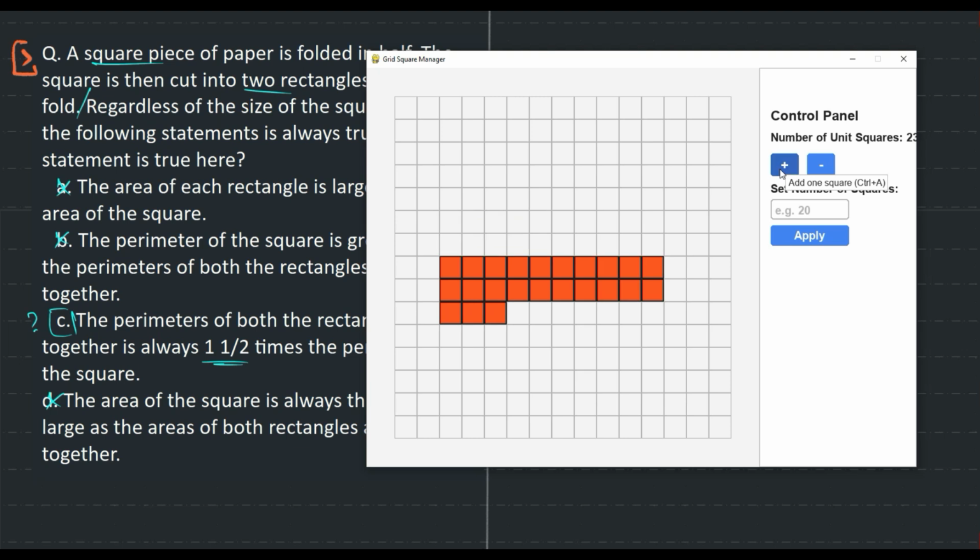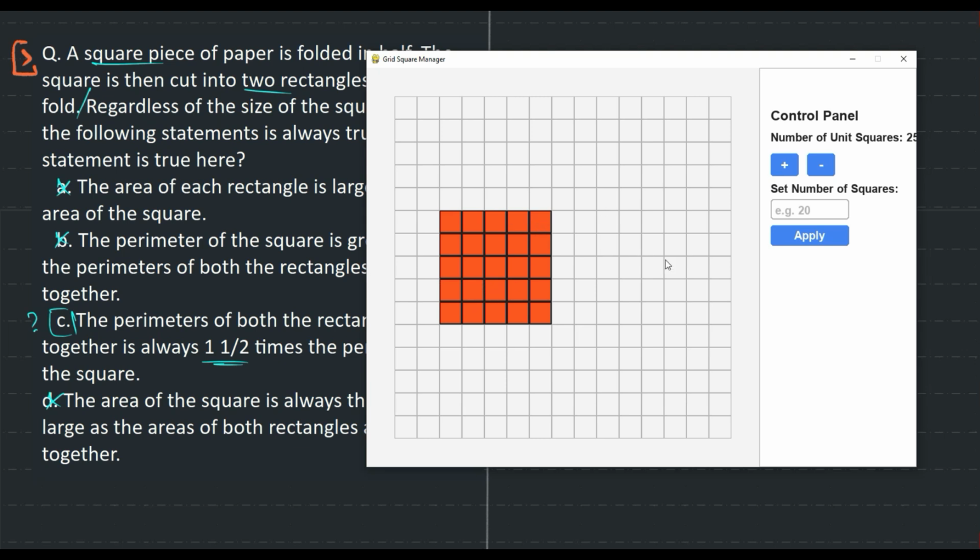So for that, let me take up a square. Okay, so what I have in front of me is a possible square. If I exactly divide it into half, oh, I can't.